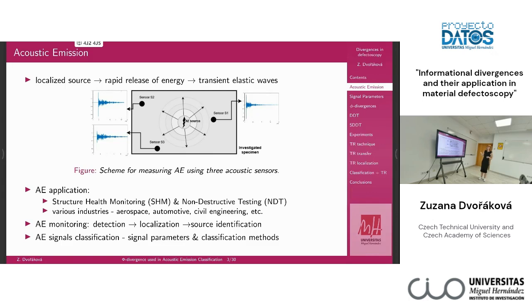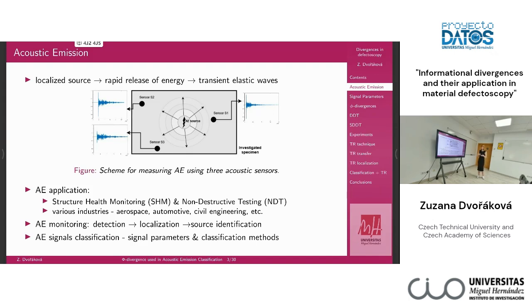We can know that in the investigated specimen there is some crack or some source of acoustic emission. From this follows that the main application of acoustic emission is structural health monitoring and non-destructive testing of materials.